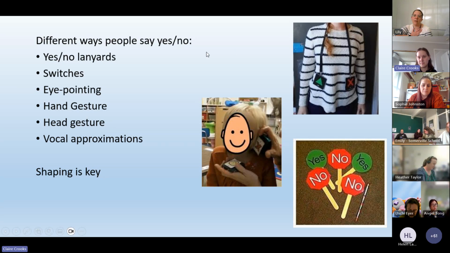So I think you need to take a holistic view, and I would work with somebody like an occupational therapist to look at what the person is doing, and of those things, what can we shape to be a yes and no. And then, like Claire said, verbally saying, I move my head up, back to the center for yes, to the side and to the center for no. And I think the We Speak Pod YouTube has got some of those exact examples.